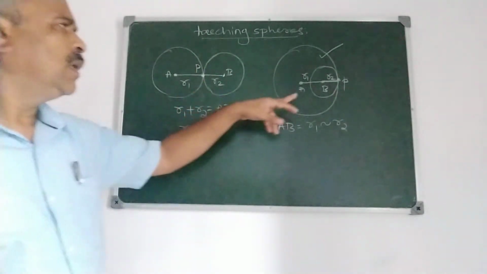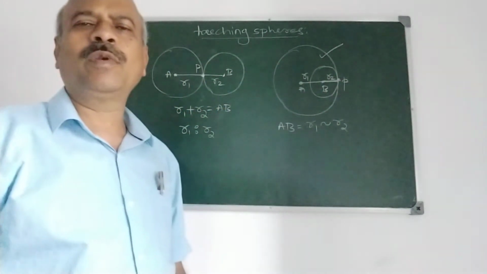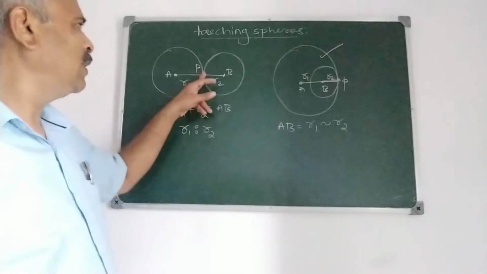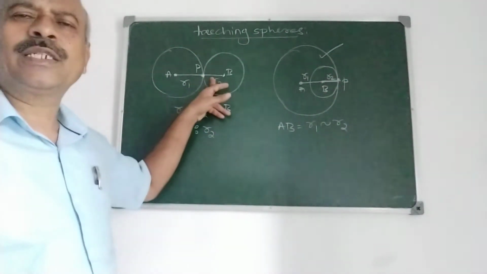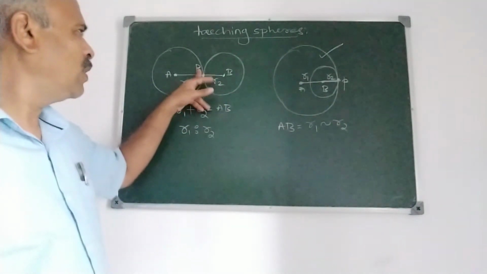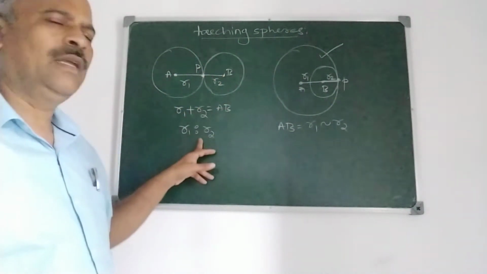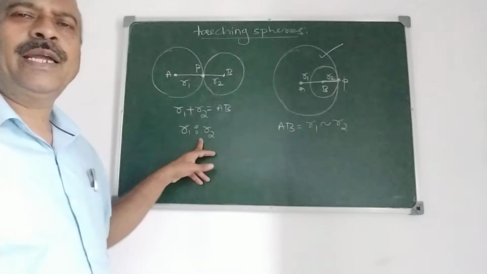And also, the point of contact can be easily obtained. What is the point where the spheres touch each other? If they touch each other externally, then the point of contact divides AB internally in the ratio of their radii.